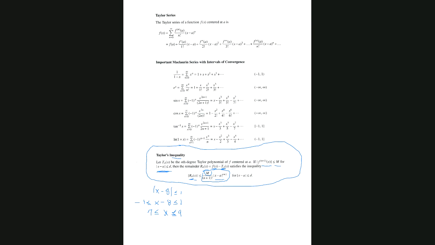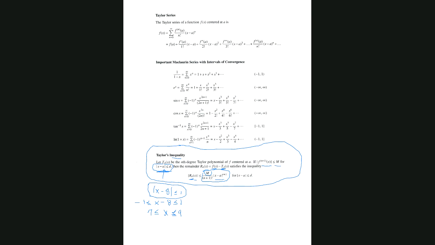I mean, the absolute value of x minus a less than or equal to d can be written then as x is between two values. And in this case, we had x between 7 and 9. That's what we had for this problem, right? We wanted to know how accurate our second-degree Taylor polynomial approximation is when x is between 7 and 9. But that equivalently can be expressed as the absolute value of x minus 8, and you notice 8 is the a, less than or equal to 1.